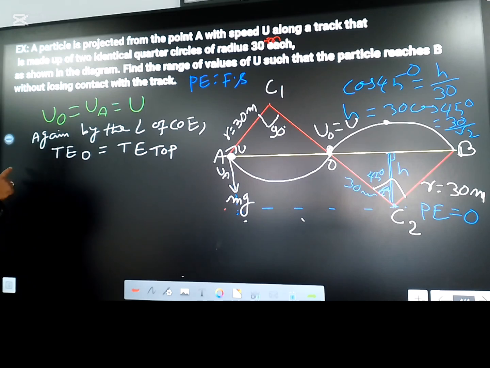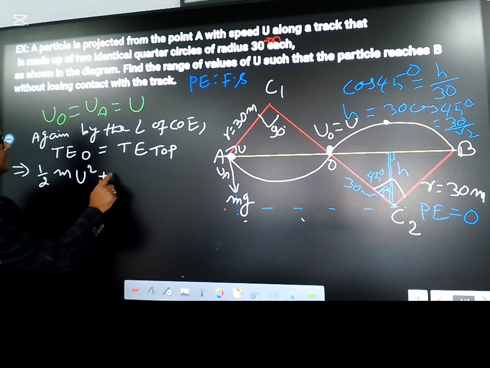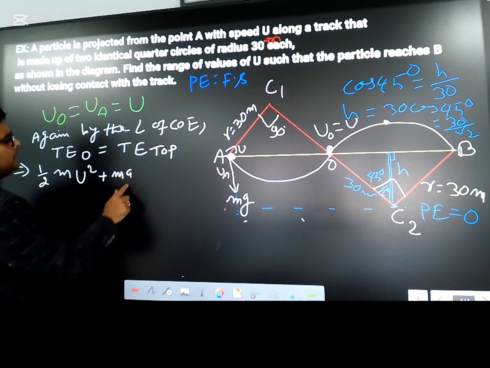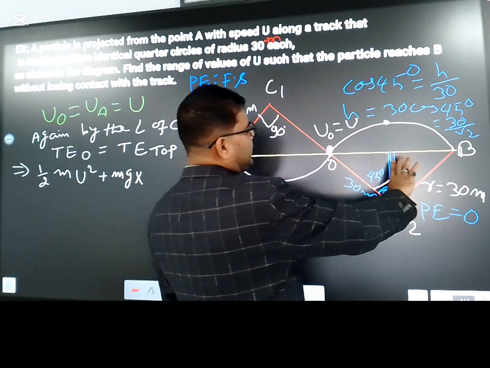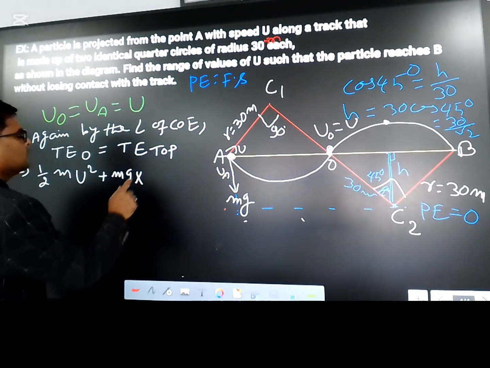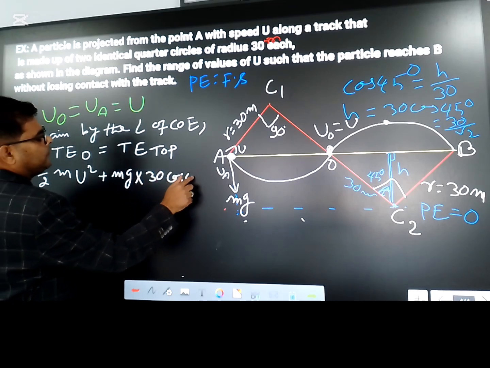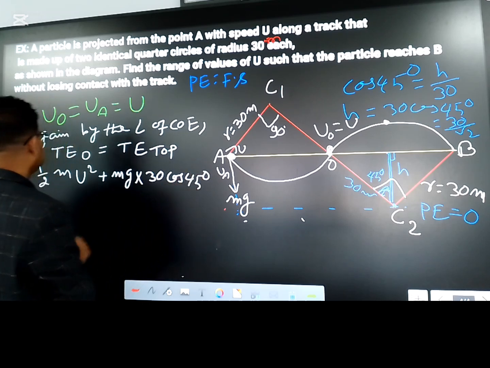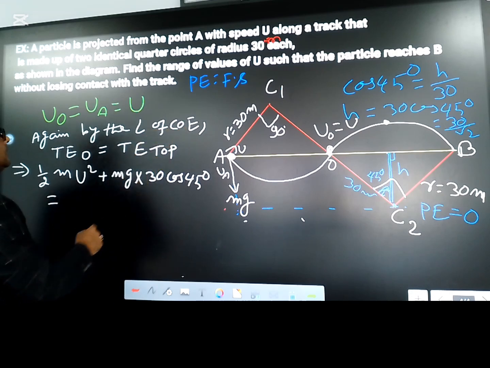At point O, the kinetic energy is half m u square, and the potential energy is mg times the height, which is again h, now 30 cos 45 degrees. This equals the total energy at the top.